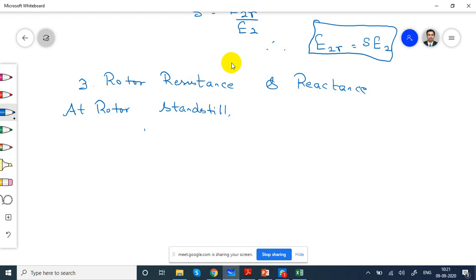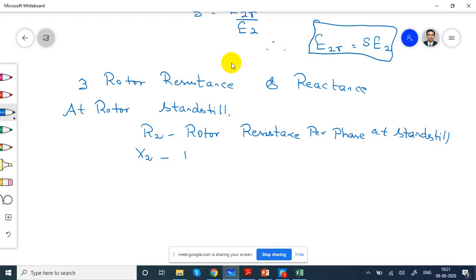R2 is the rotor resistance per phase at standstill. Next one is X2.